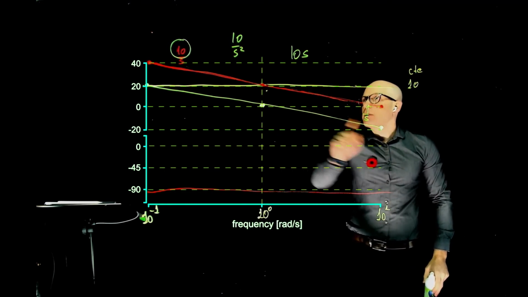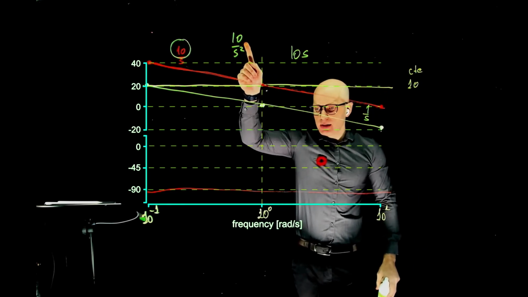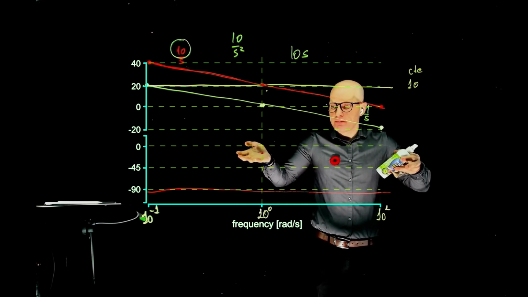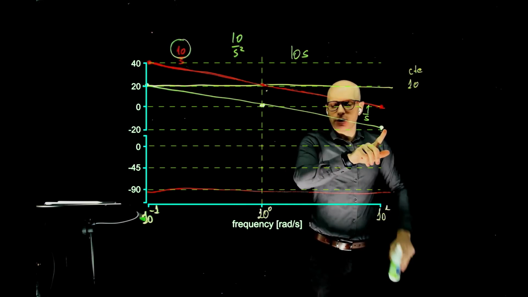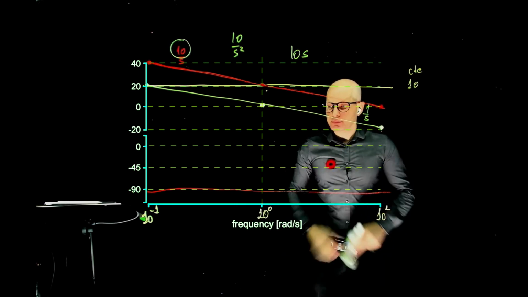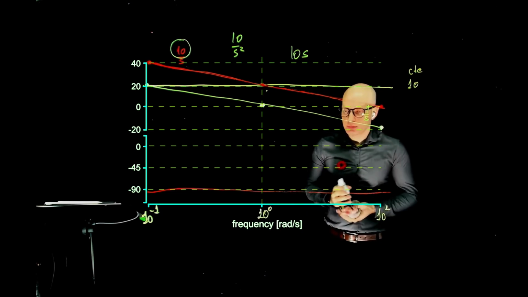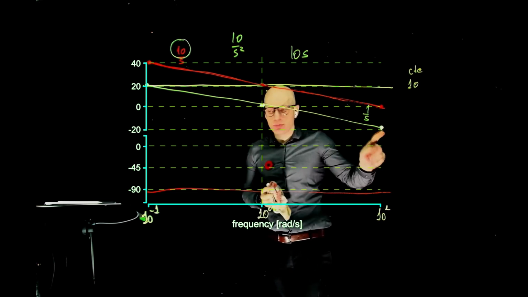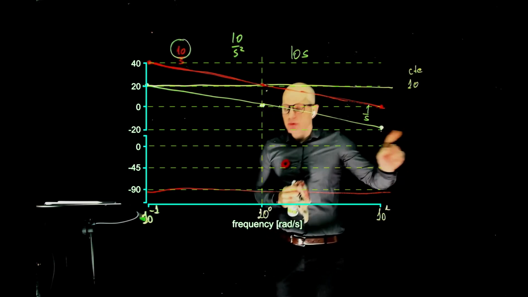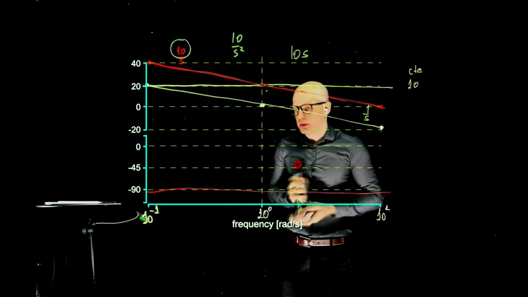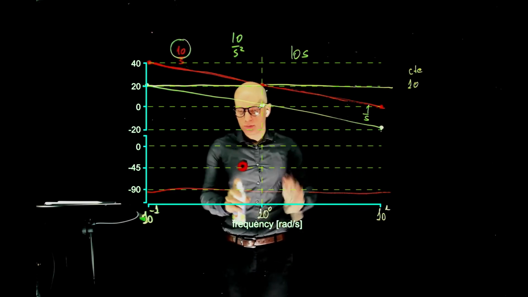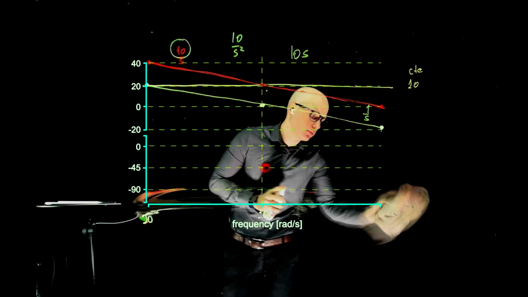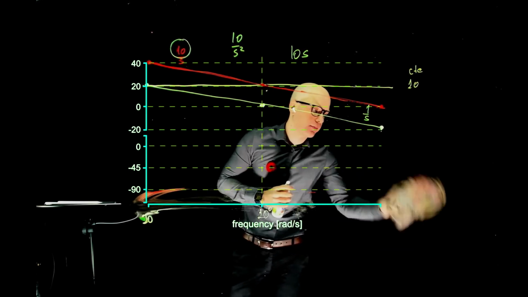Yes. But then if you multiply everything by 10, everything shifts up by 20. Okay, that makes sense. I must have misheard you when you were originally explaining it. Thank you. Right, for 1 over s squared, it would indeed be negative 40. 10 over s squared would be negative 20, because it just shifts up.